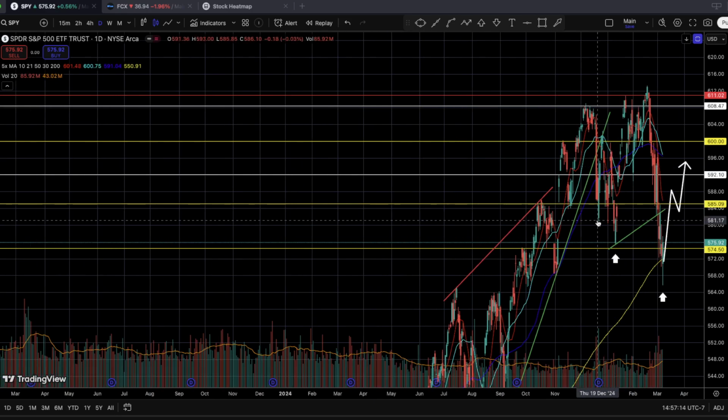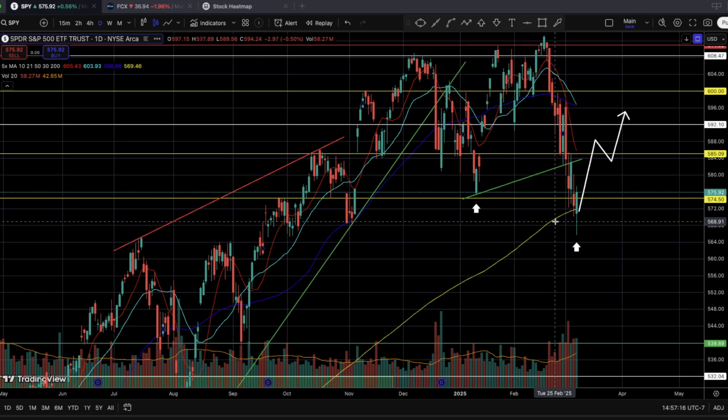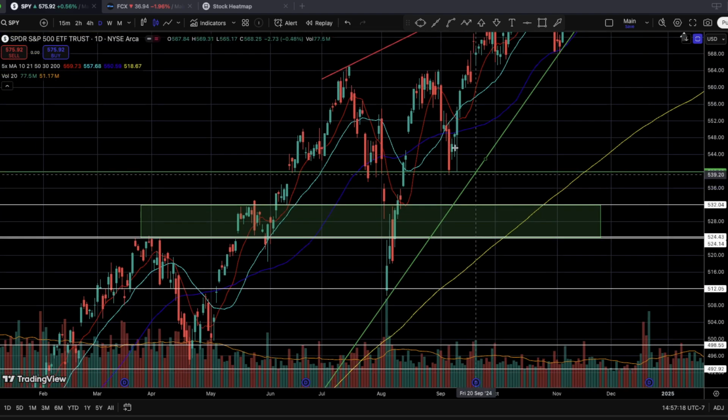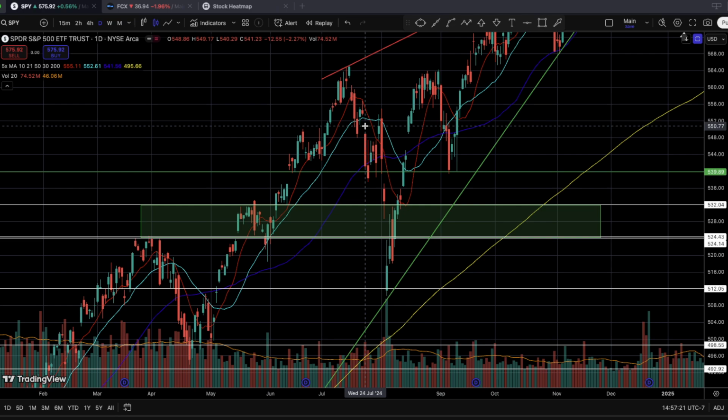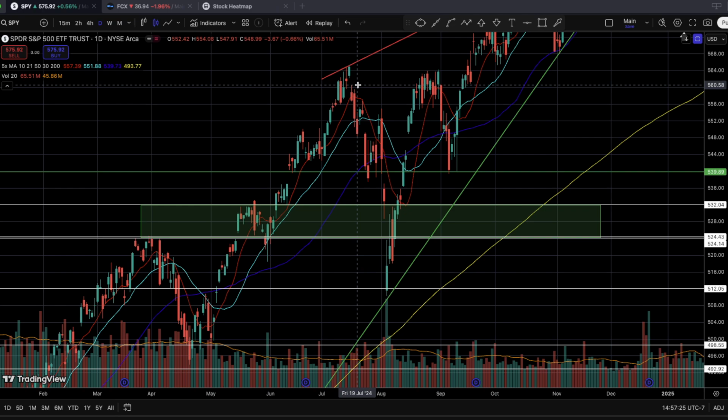Now, I do want to point out that this pullback is really reminding me of August, right? I've been talking about August last year when we had that complete debacle in the markets from the yen carry trade. And I've been talking about August in relation to the VIX, right? The volatility index of the S&P 500.